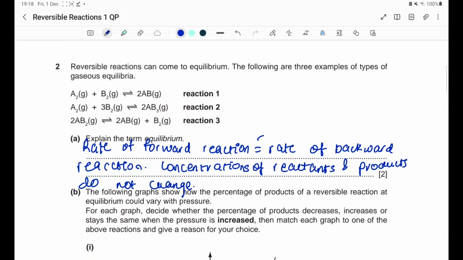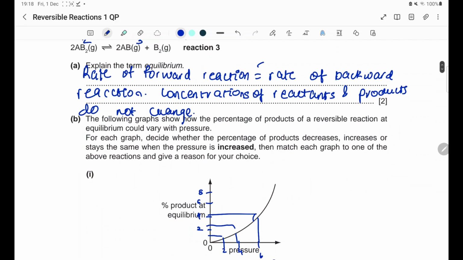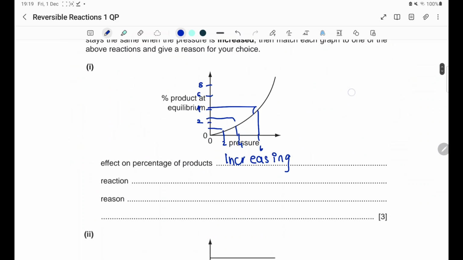And if your product yield is increasing, that means your product side has a smaller number of moles. Which reaction would that be? Here we have 2 and 2, reactant side mole, product side mole. Here we have 4, 2, and here we have 2 and 3. So reaction 2 is the one that has a smaller number of moles on the product side.